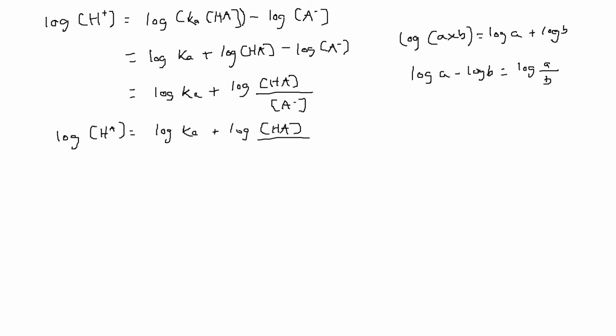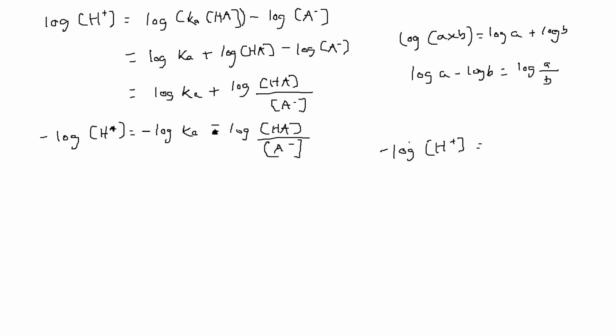And finally, all we're going to do is multiply through by minus 1. So it goes minus log H plus, that's a plus just there, minus log A, and that becomes a minus there. Now we see in the chapter that minus log of H plus is actually equal to the pH, like that.